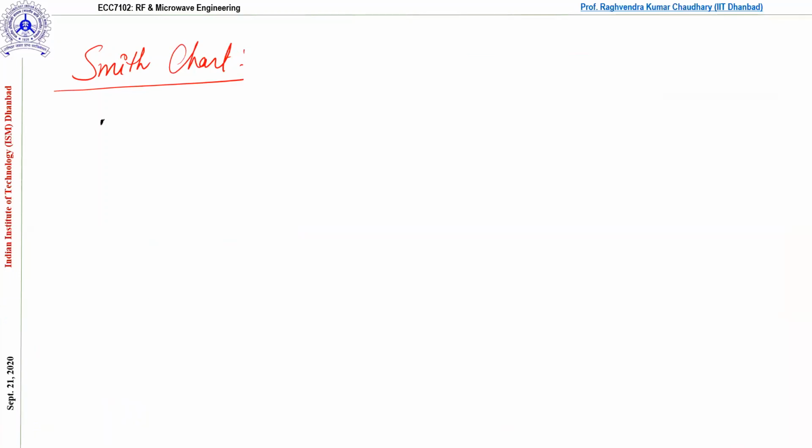So the very first thing is that it is a graphical tool for visualizing and analyzing high frequency circuits. The first point is very important, that it is graphical. Why we are going to use this Smith chart?